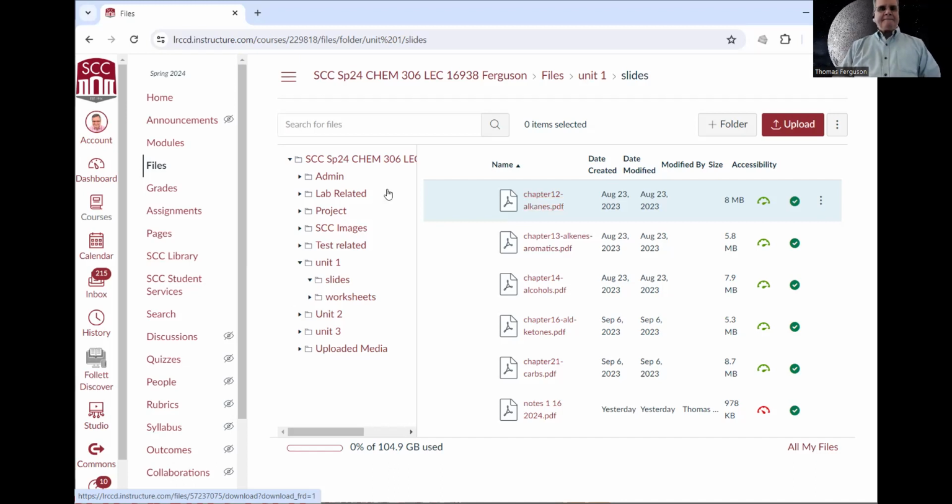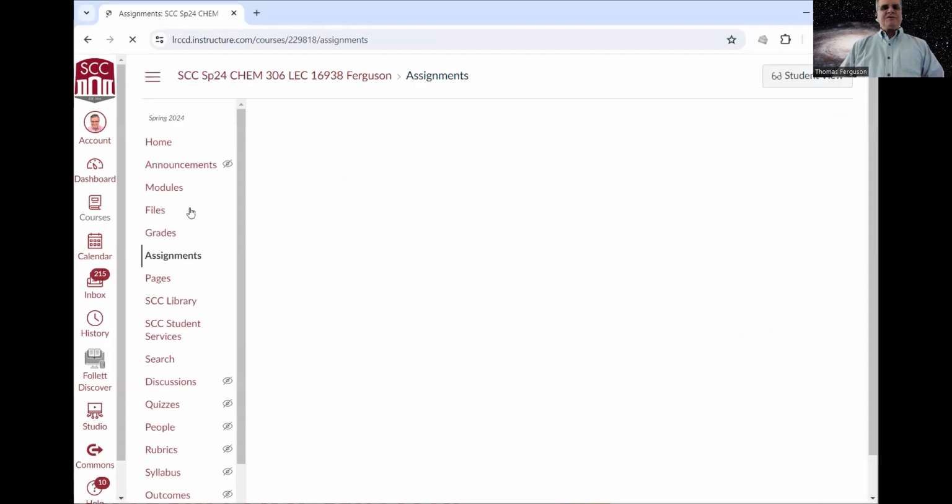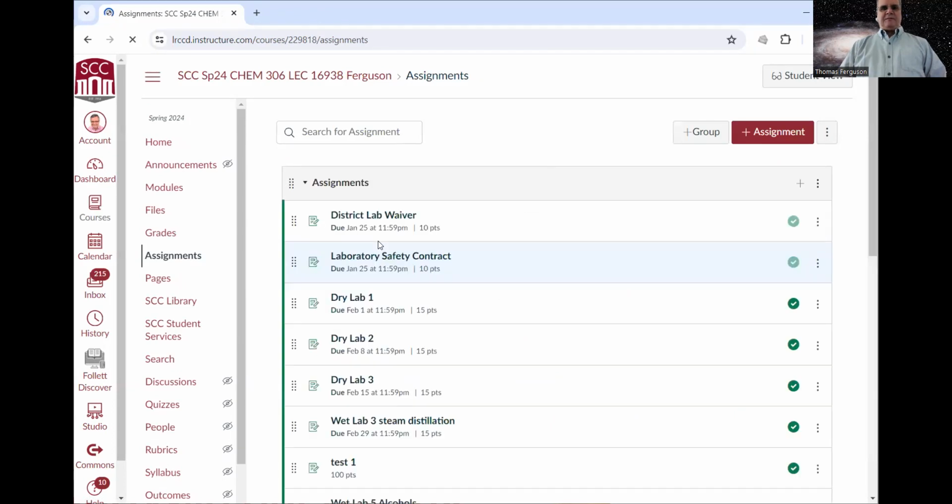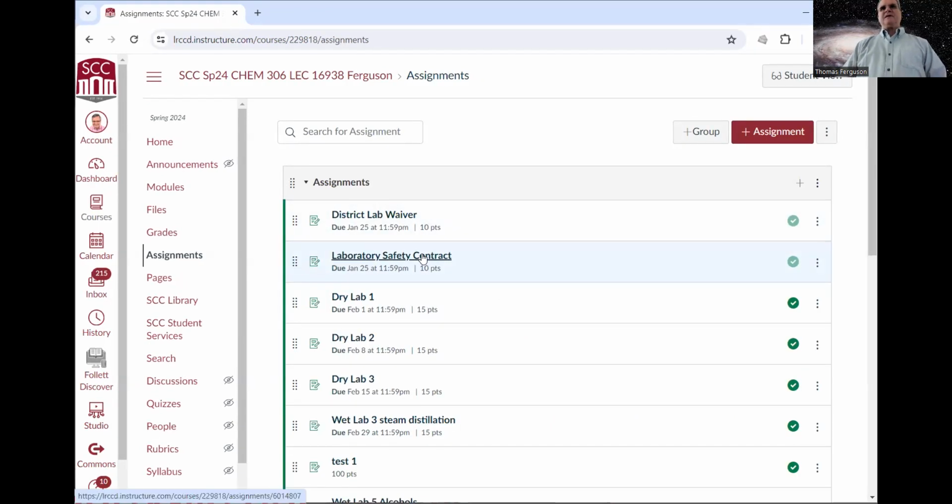Okay, and then you have two assignments that are going to be due next week. One's a lab waiver and a lab safety contract. Those need to be PDF files, so you're going to download them under Files.